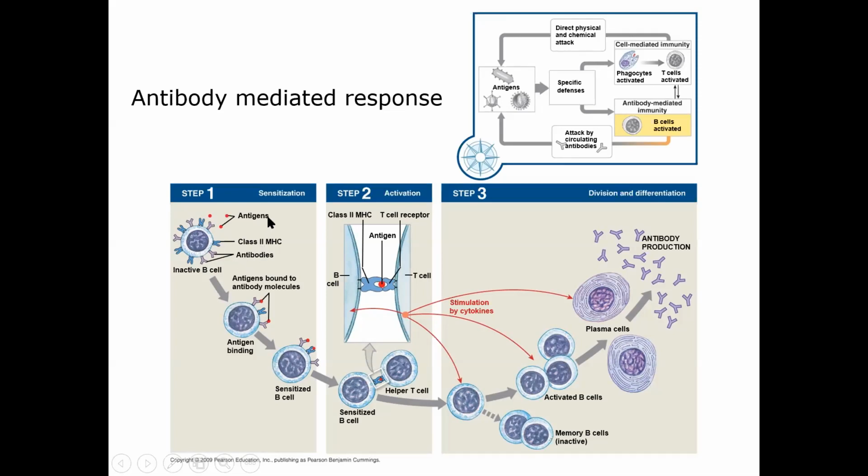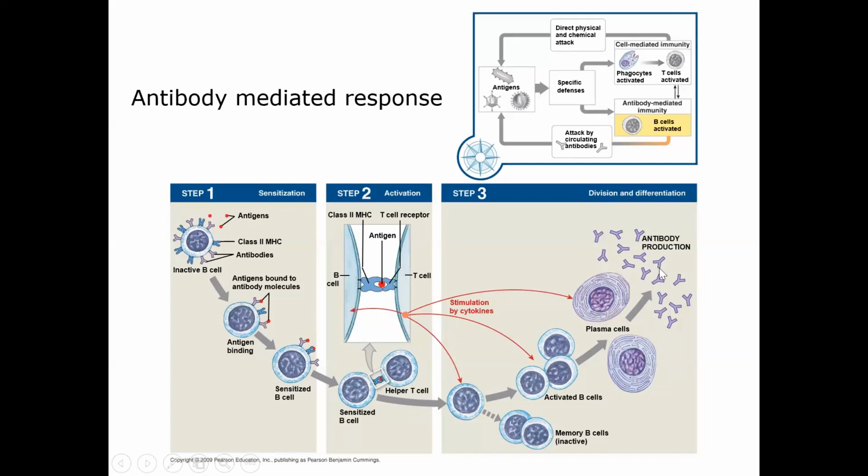If you have antigen bind to the surface receptor, it's going to activate B cells. The MHC2 can bind with the T helper. Remember, MHC2 can only bind to the T helper. Once you have T helpers, they're going to release interleukin 2, which can speed up the mitotic process for B cells. Once you have a lot of B cells, you can differentiate them into plasma cells, and then you're going to make antibodies.